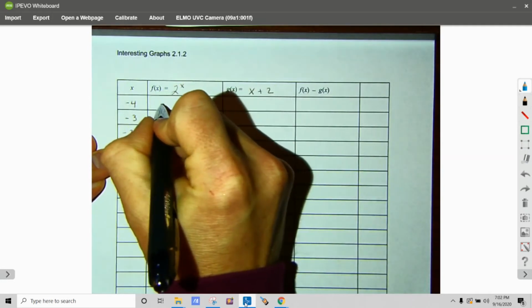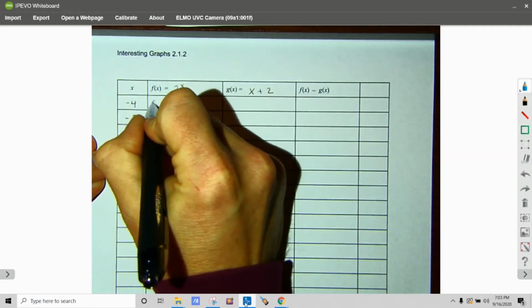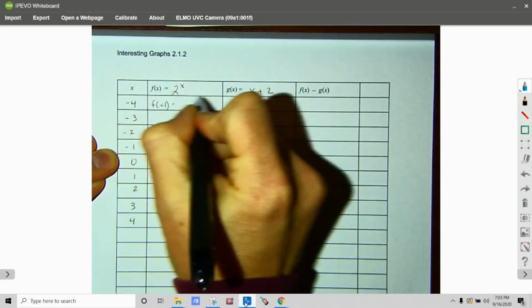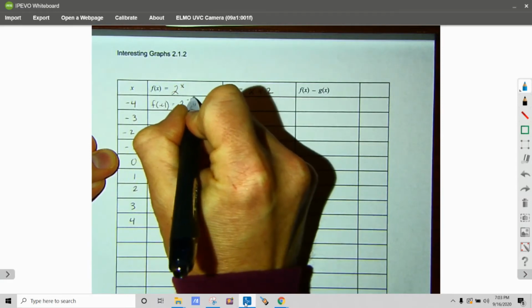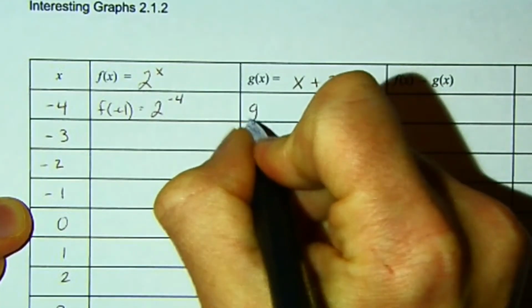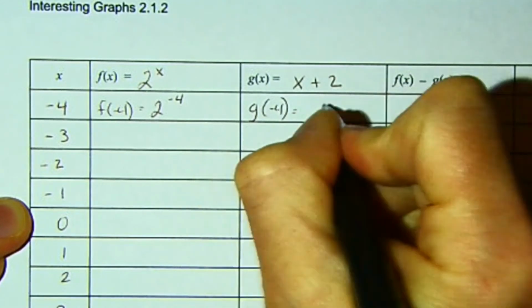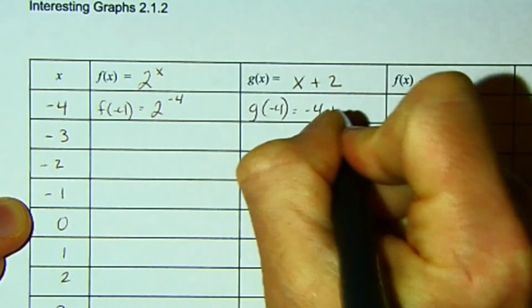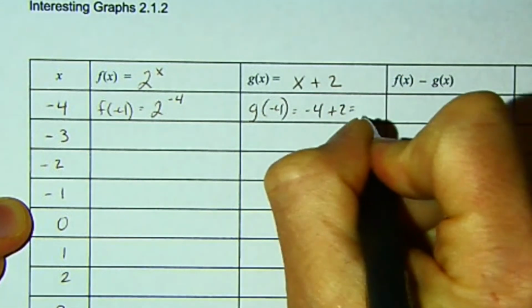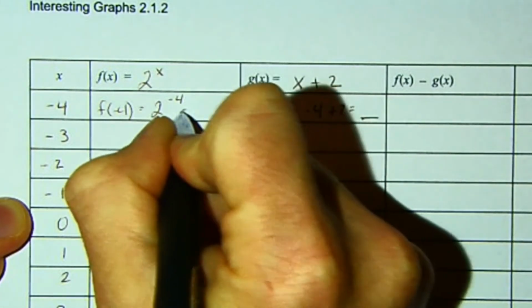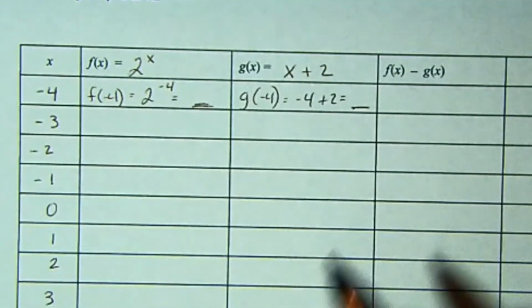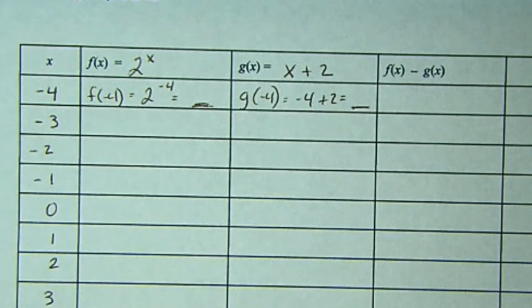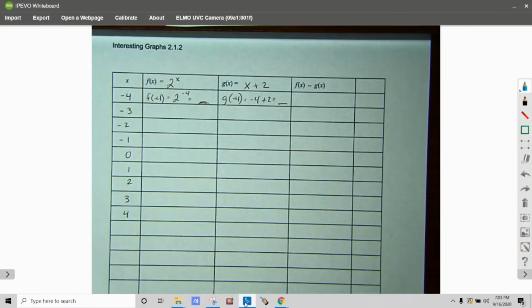So for this first one, f of negative 4 is going to be equal to 2 to the negative 4 power. G of negative 4 is going to be equal to negative 4 plus 2. And I'm going to get an answer here. Feel free to use your calculator if you like, or you can keep it in fraction form.